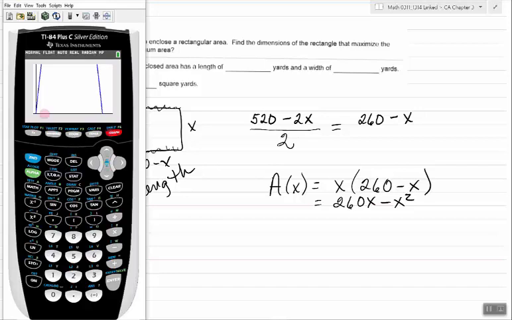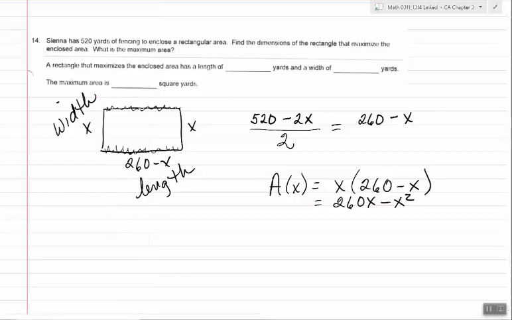All right, I guessed okay on the X, but I need to go up a lot further. Let's do trace again. Oh, 16,675 in the middle. So I'm going to go to Window, and I'm going to make it be about 20,000. That little trace trick helps. Whoops. Come back.